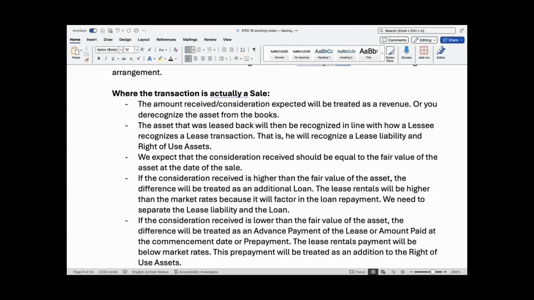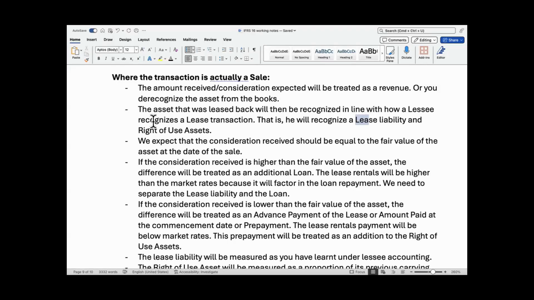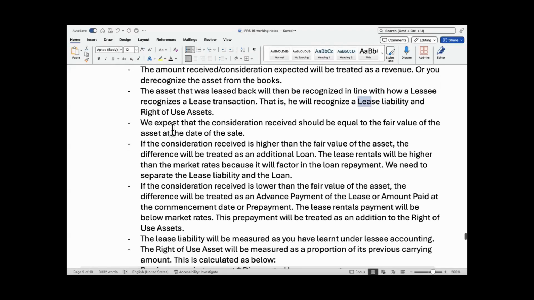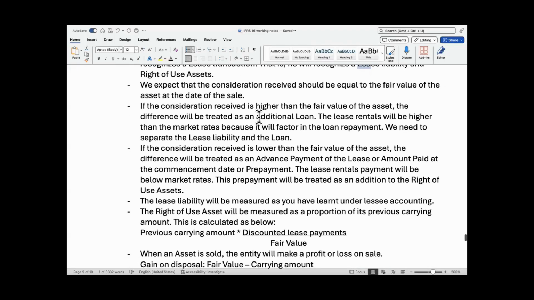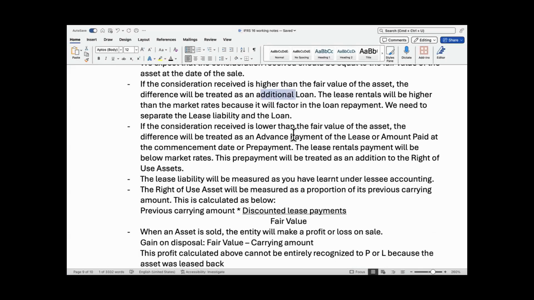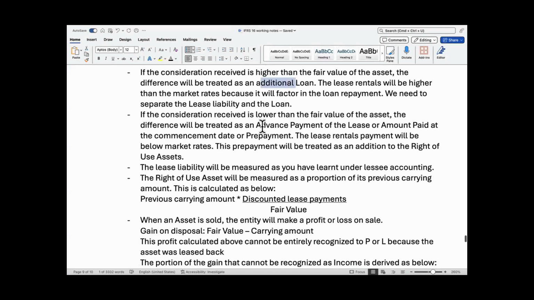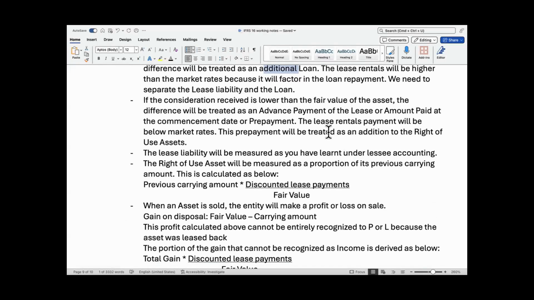Just remove the asset from your books, then you get a gain or loss on sale. Now, you also recognize lease liability and right of use since you are leasing it back. We then check the consideration received with the fair value. If the consideration is higher, the difference is additional loan, which you separate from the lease liability. If it is lower, the difference is a prepayment or amount paid at commencement date, which you add to the right of use asset.